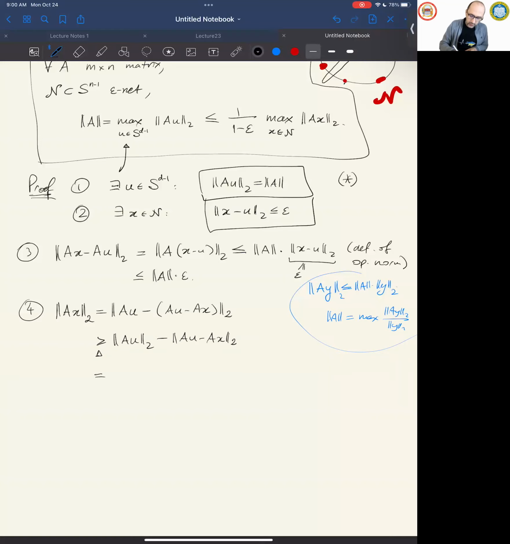The norm of AU is the norm of A, that was the maximizer. And this we bound already. This is the norm of A times epsilon. And we're done. 1 minus epsilon times the norm of A. QED.